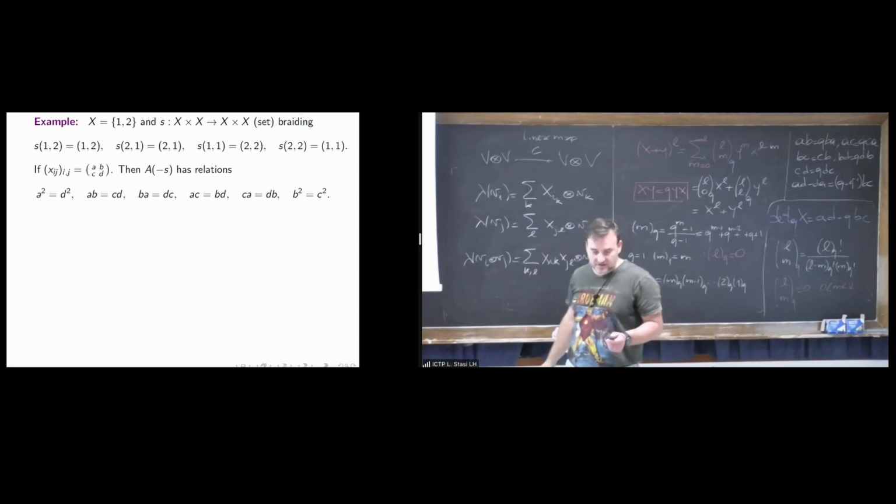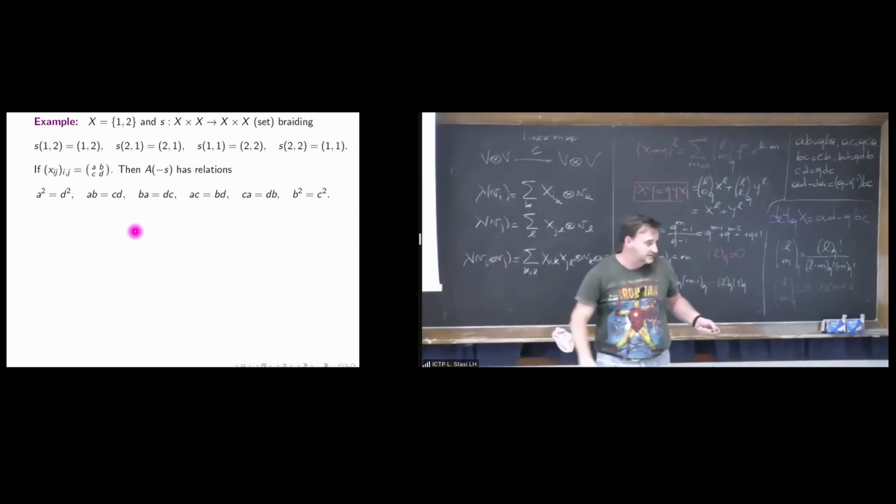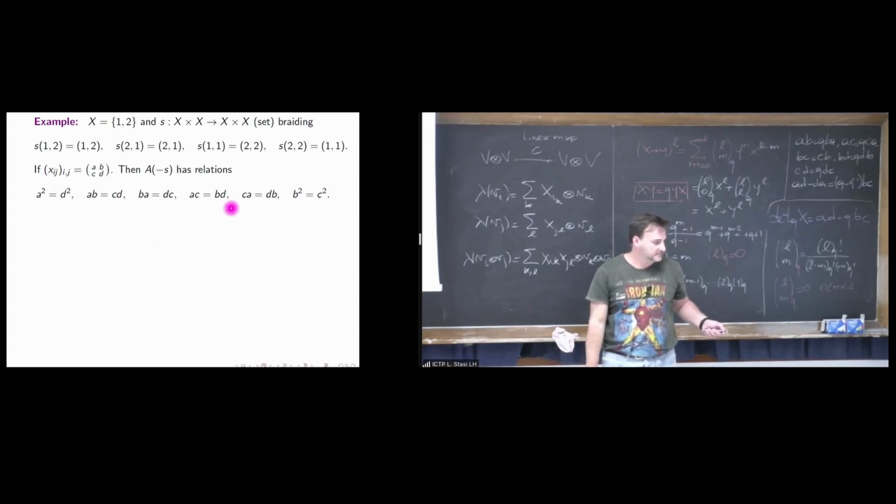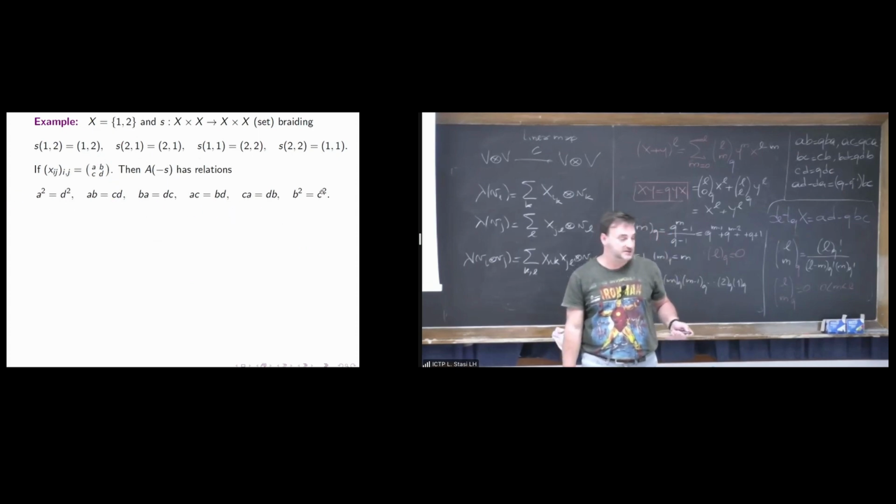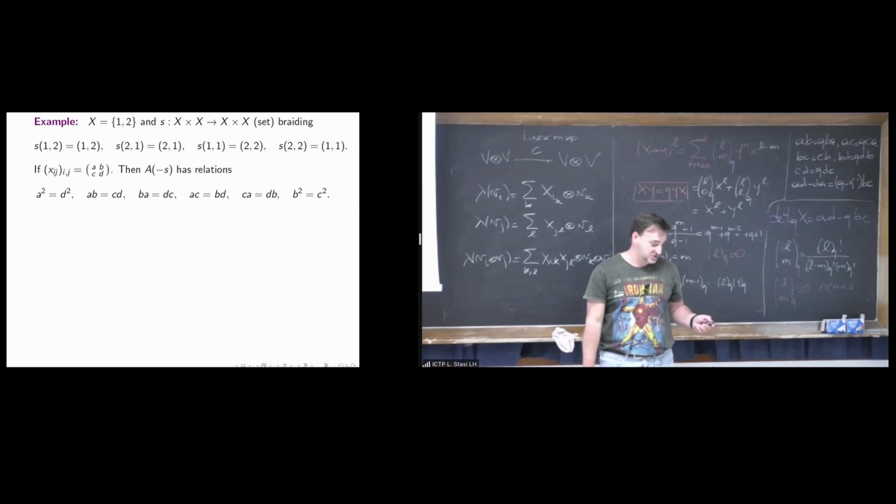The FRT construction gives us a lot of equations. The equations are all quadratics, always, and we have this thing. Yeah? This thing corresponds to this map. If we change this map, the relation changes, okay?